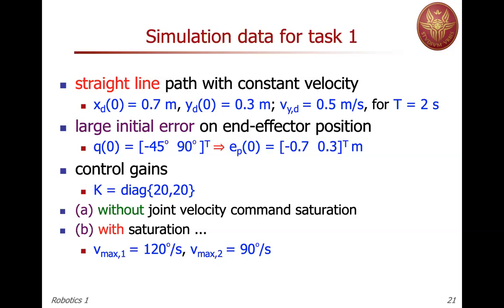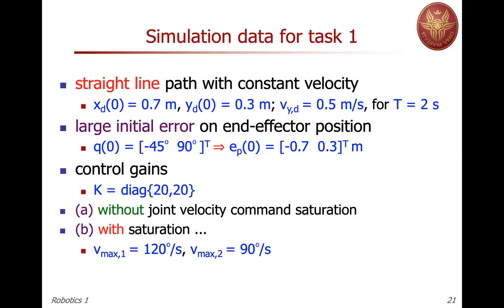So this is the desired path, and actually the desired trajectory, because I'm specifying a straight line path and the timing law, which is very simple, constant speed. So I have a full trajectory. And do I start at the beginning of this trajectory, of this path, so with 0.7, 0.3?